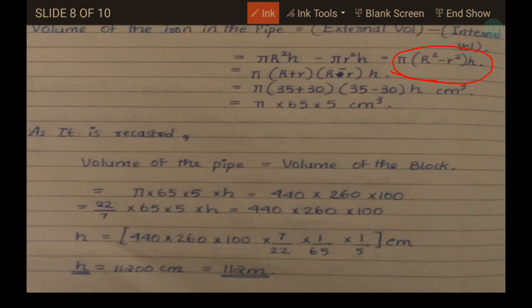Simplifying the formula further, pi into capital R plus small r into capital R minus small r. This is the formula you all know. Now I am applying the values. Capital R is 35. Small r is 30, we have found it already. So pi into 65 into 5 centimeter cube.